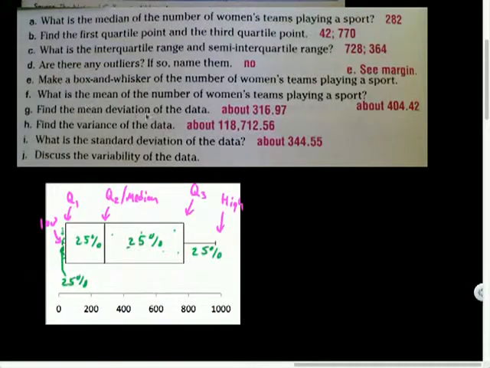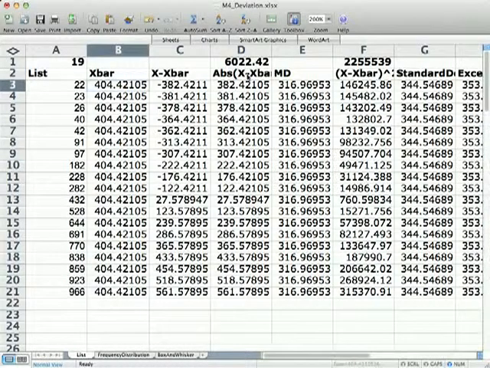Then it asks, what is the mean deviation? So remember, mean deviation is a measure of variability. Mean is technically a measure of central tendency. This is measuring where the middle of the list is. This is measuring how varied the list is about that middle, right? So that's what that's trying to describe. So mean deviation is, let's see, here's my mean deviation, and it's calculating the average distance each data point was from the mean.